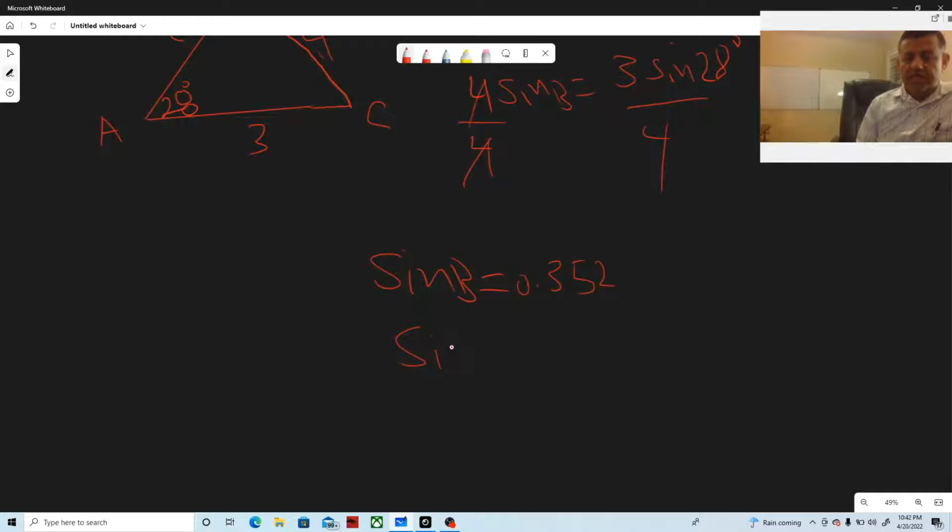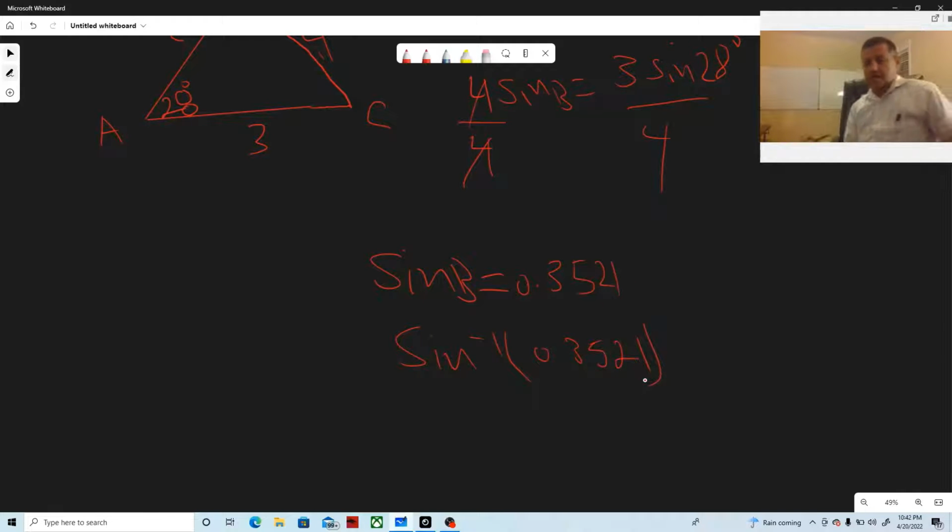So we take the inverse of that to get the angle, which is 0.3521.